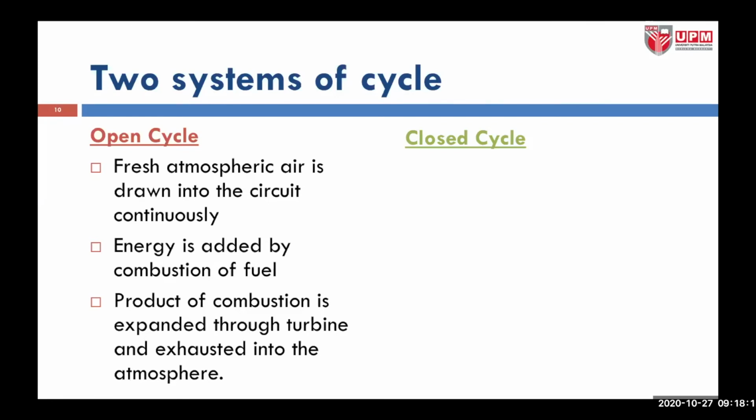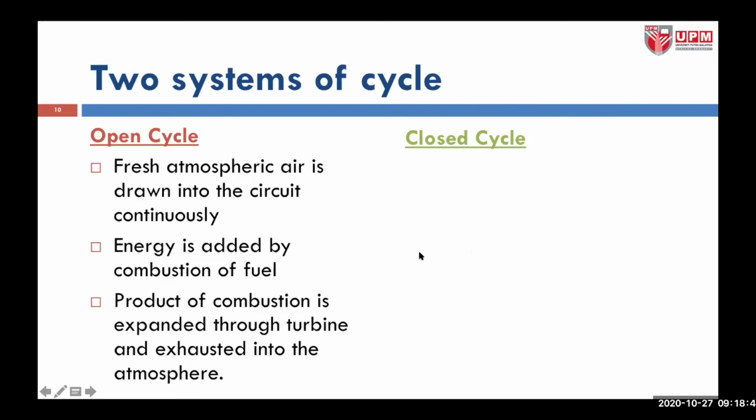So you add fuel, you perform combustion, and the air will gain energy from it. Okay, and then the product of combustion is expanded through the turbine, and it will flow back into the atmosphere, right? That is what we call the open cycle. So one way in and one way out to the atmosphere, right?